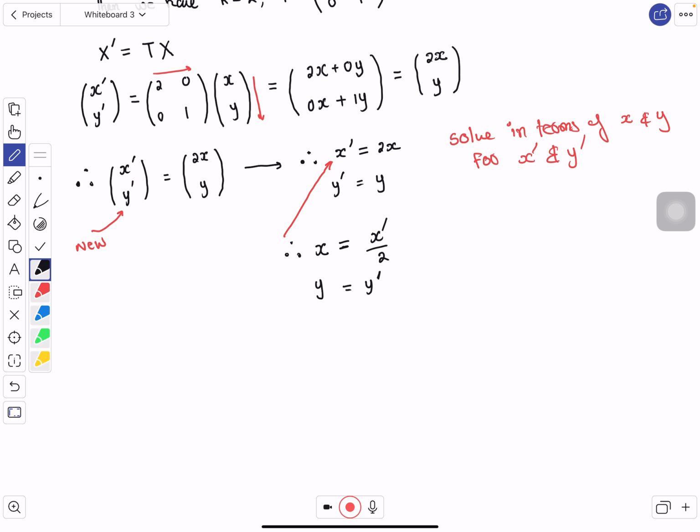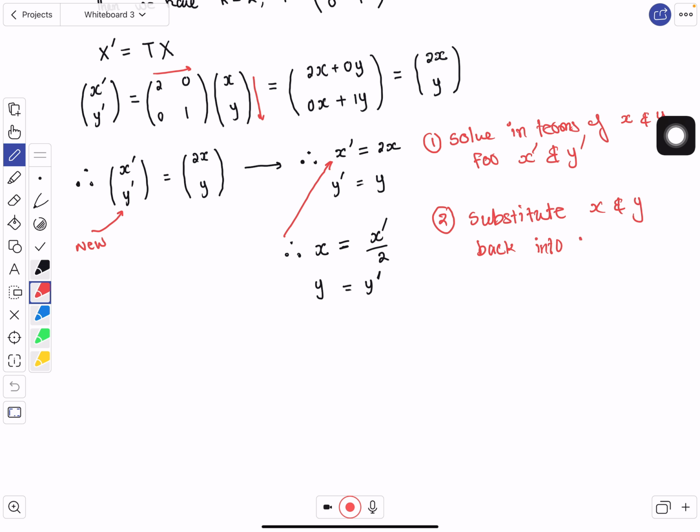So that's the first step. The second step is to substitute x and y back into the original function. So first we do the transformation matrix and get x dash and y dash.